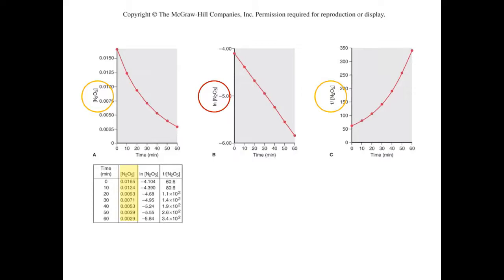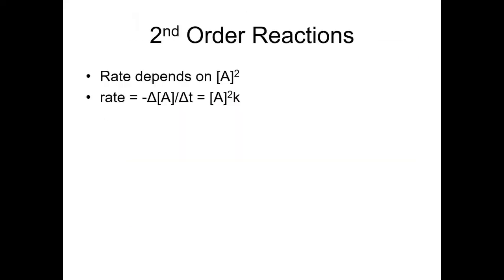All right. Now we have to think about second order, and we're going to end up doing that third graph there. So we're going to see what that looks like. So we know for a second order, our rate law is K times A squared. Right, and we're going to do the same treatment that we had before. Take our rate is the negative delta A over delta T. Delta is the triangle.